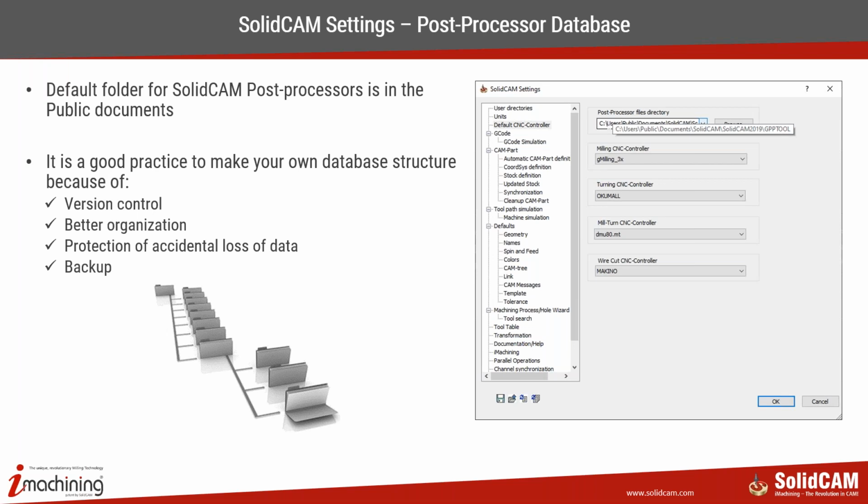SolidCAM 2024 comes out and he wants to update, but he is worried that his post processor won't work with the most recent version of SolidCAM. Now, how can you check that? You have the part, you have the G-code from the 2020 version. You just need to open it in 2024 and generate the G-code. If there is no difference between the 2020 G-code and 2024, you're all good.